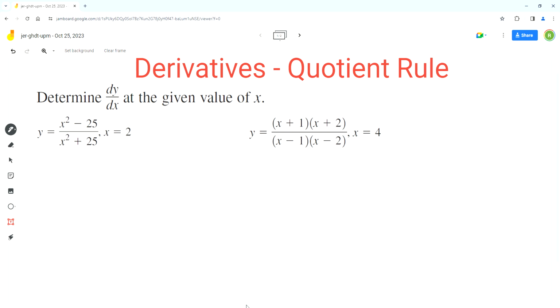So the first step, we'll use the Leibniz notation. So dy over dx.